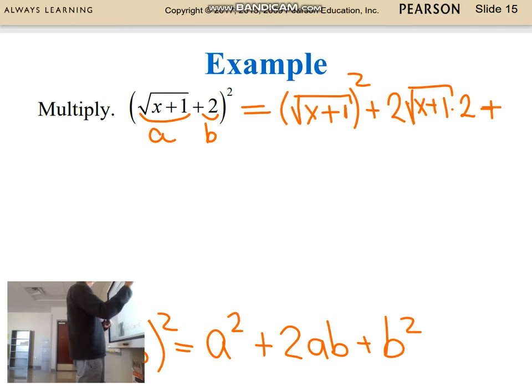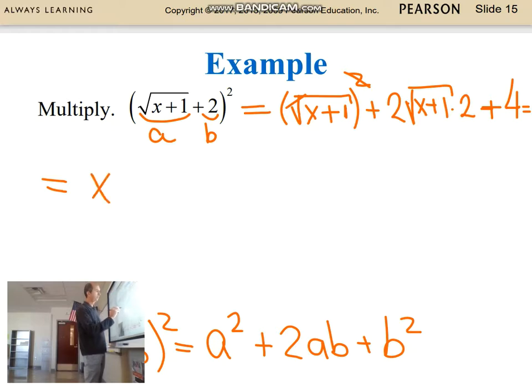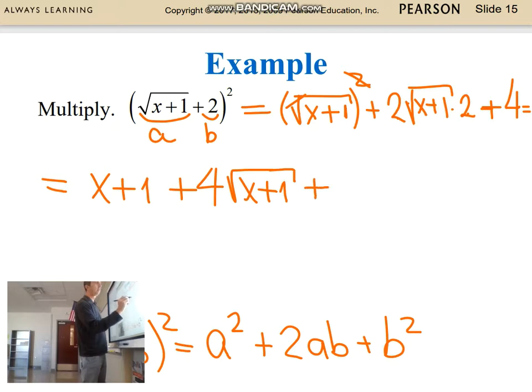B squared, 4. Okay? We can simplify this with this. So x plus 1 plus 2 times 2, 4, square root of x plus 1 plus 4.